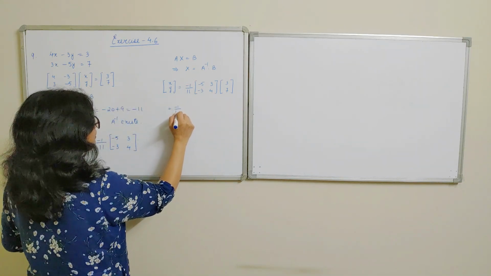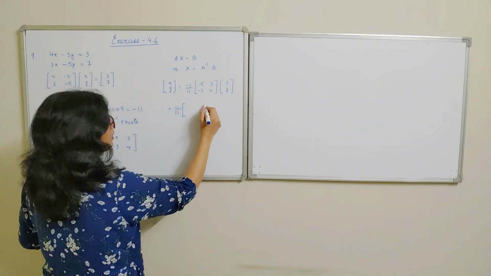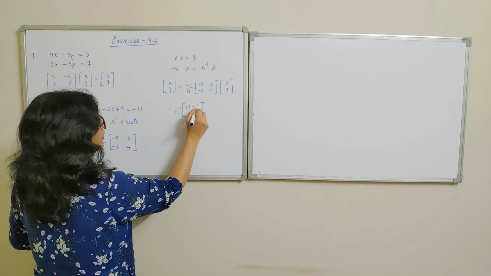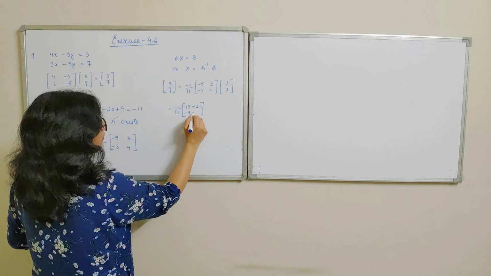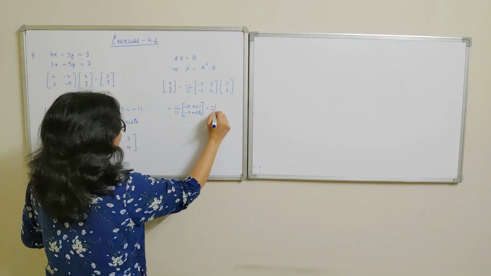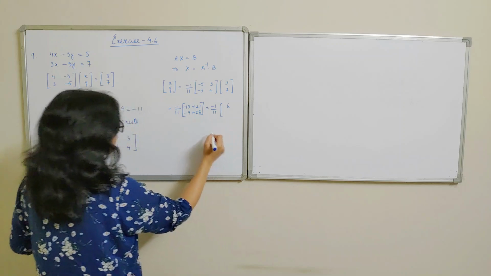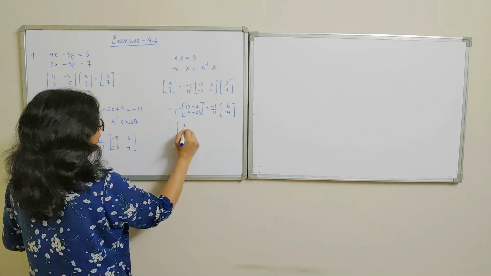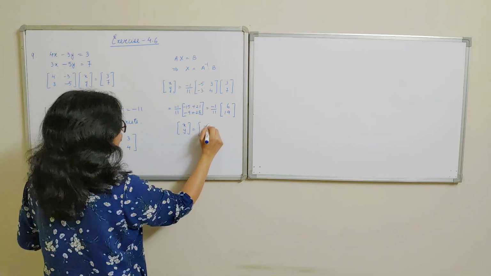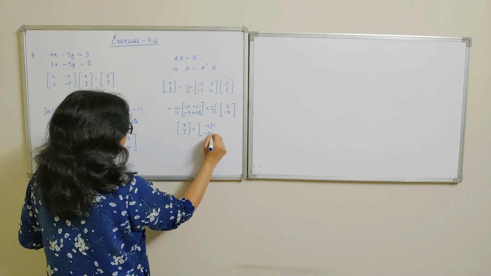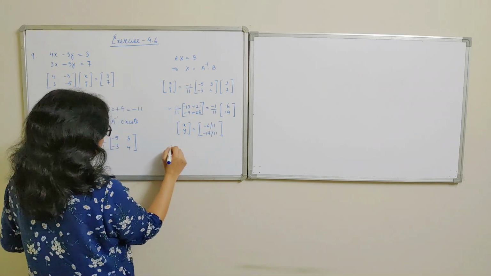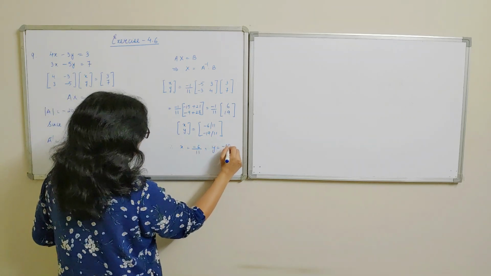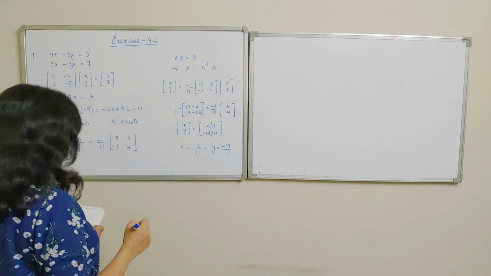So without performing the scalar multiplication, we find this product, which is minus 15 plus 21 and then minus 9 plus 28, which gives us 6, 19. So comparing, because the matrix XY is equal to this matrix, hence the value of X is minus 6 by 11 and Y is minus 19 by 11.